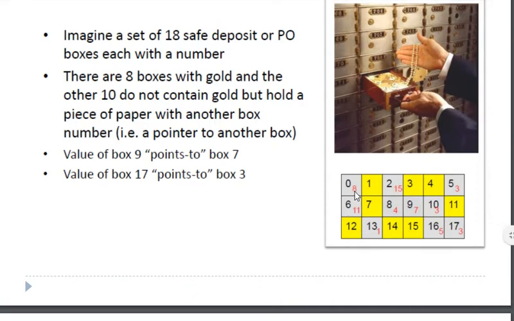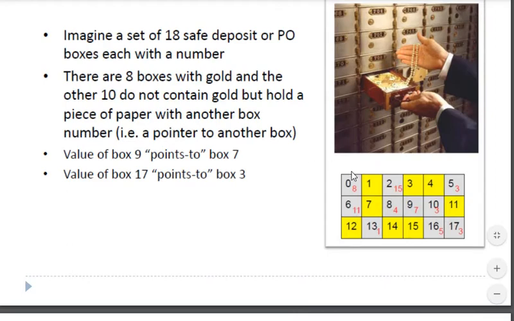For example, if you open box number 1, you will find a goal. The same goes for box number 3, 4, 7, 11, 12, 14, 15. You will find a goal.